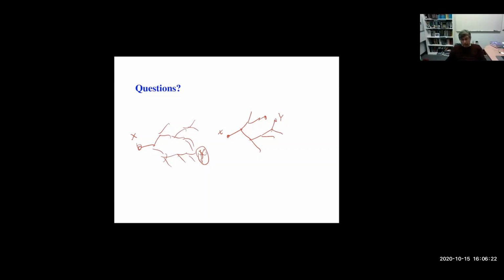Right. Let's think about it. What's the shortest path likely if this is vertex Z? What is the shortest path likely from Y to Z? If I want the shortest path from Y to every vertex, this edge is probably quite interesting, right?